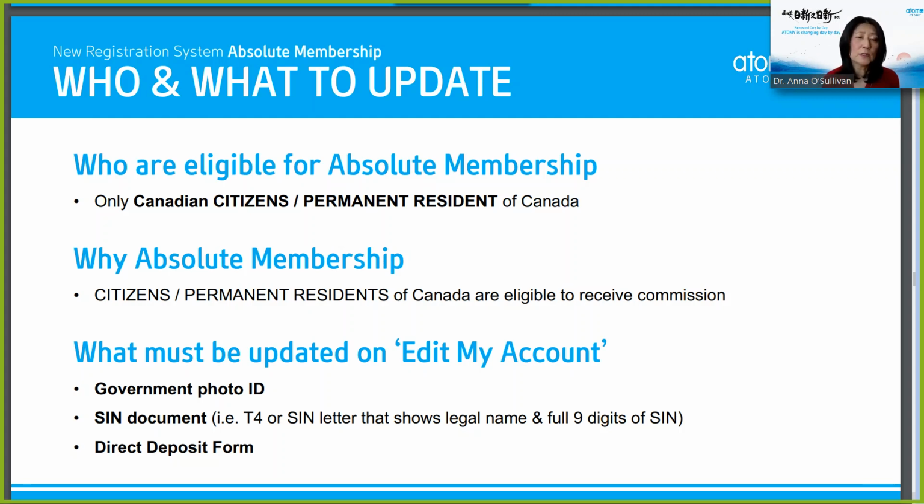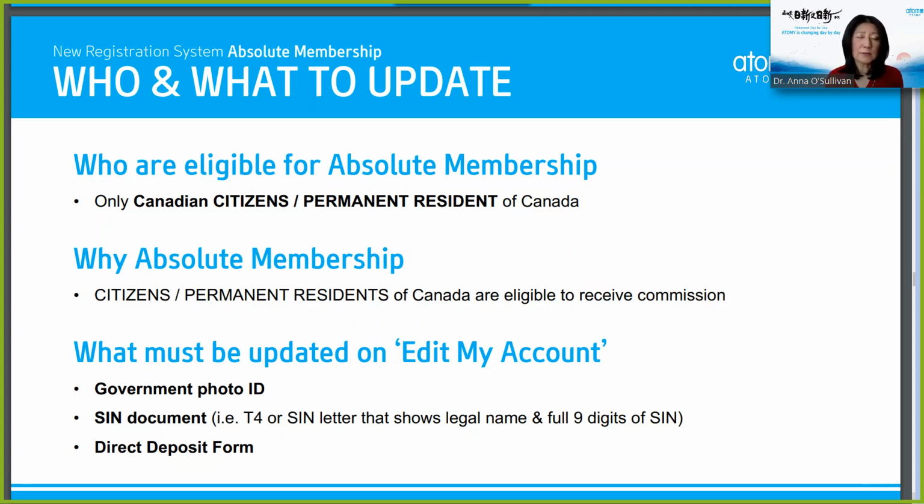And they must do these things. First, they must upload a government photo ID. It could be their driver's license, it could be a passport with their face. It must show the face, their name, and the ID of the document. They need to upload a social insurance document. Most people don't have cards now, so all you need is a document that shows your social insurance number, the full 9 digits, plus your name.